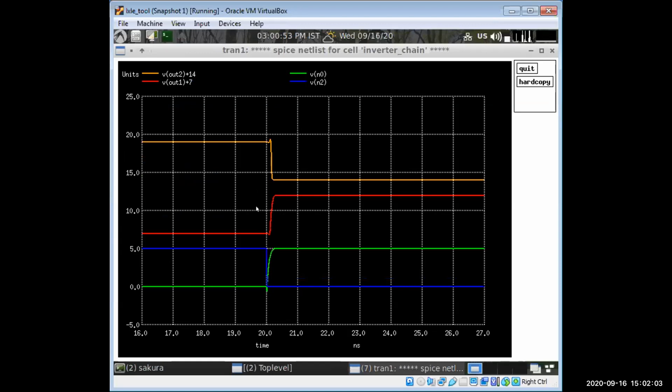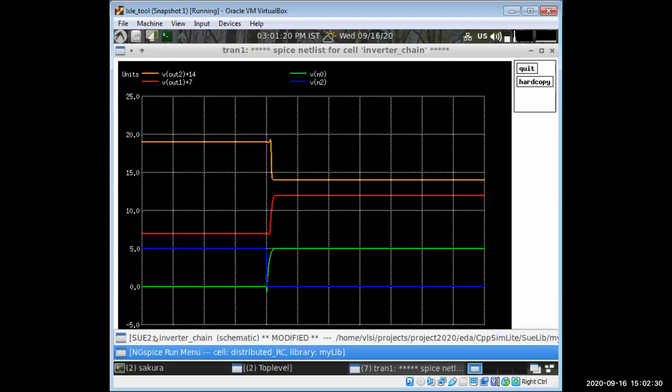This red one is the output, the first one, and N0 is the output of the first inverter. That means where the chain of inverters was connected. This yellow one is the output of the last one. That means the output of the last inverter, and this red one is the output of where I have given that. Okay, let me show you.